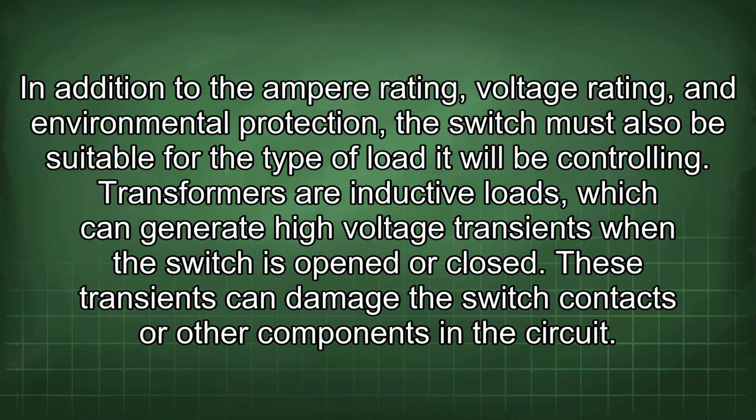In addition to the ampere rating, voltage rating, and environmental protection, the switch must also be suitable for the type of load it will be controlling. Transformers are inductive loads, which can generate high voltage transients when the switch is opened or closed. These transients can damage the switch contacts or other components in the circuit.